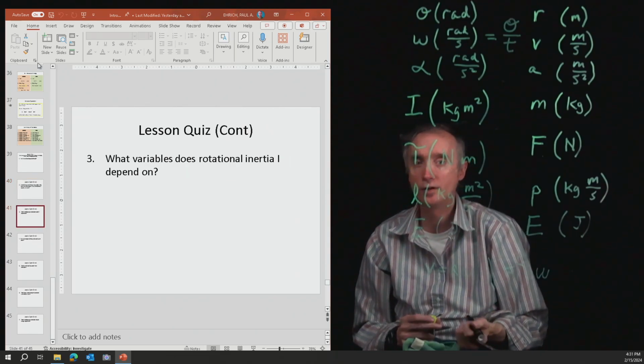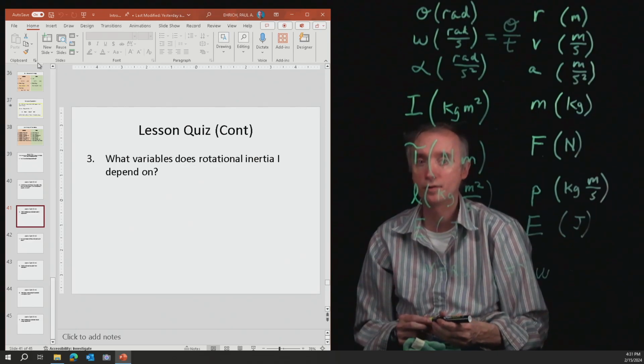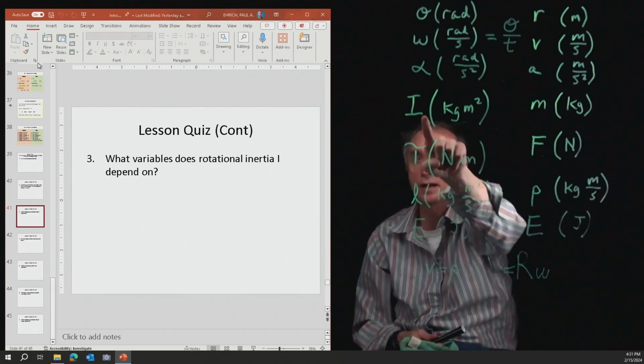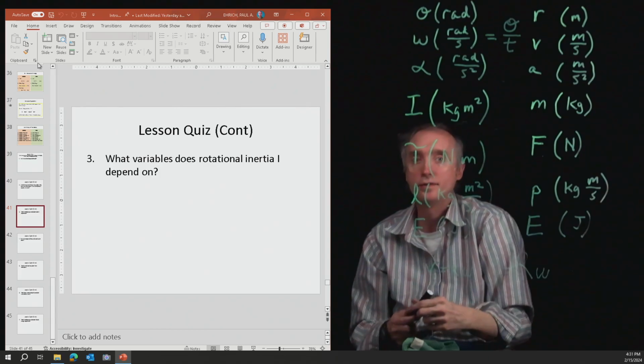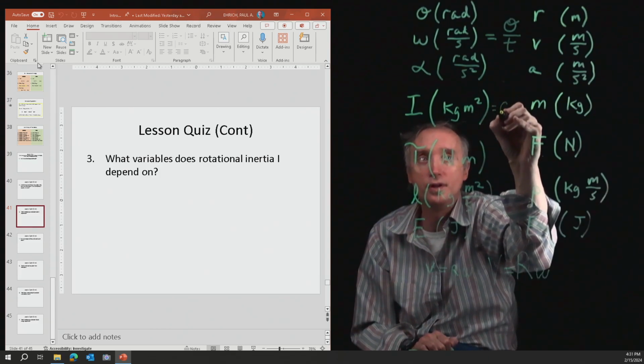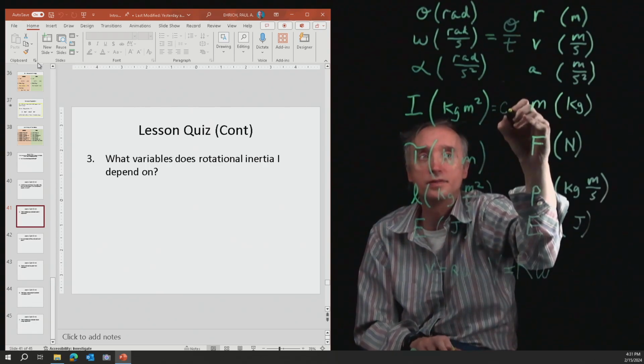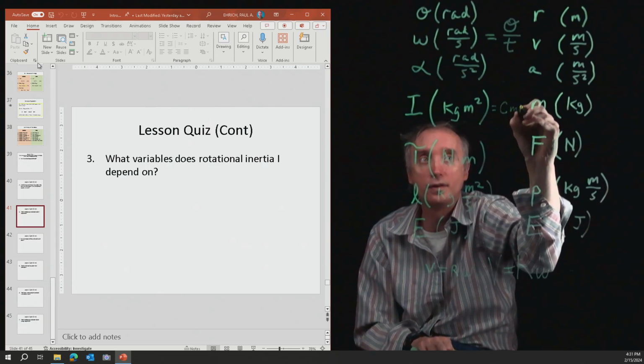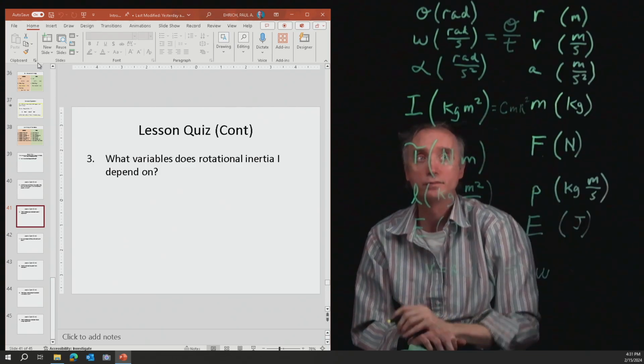Number 3, what variables does rotational inertia depend on? So we're back to here, and the definition of I is it's some number, times m, and then r squared.